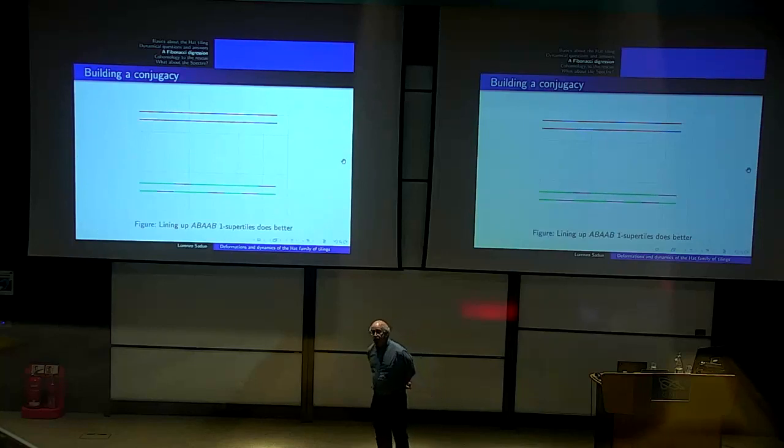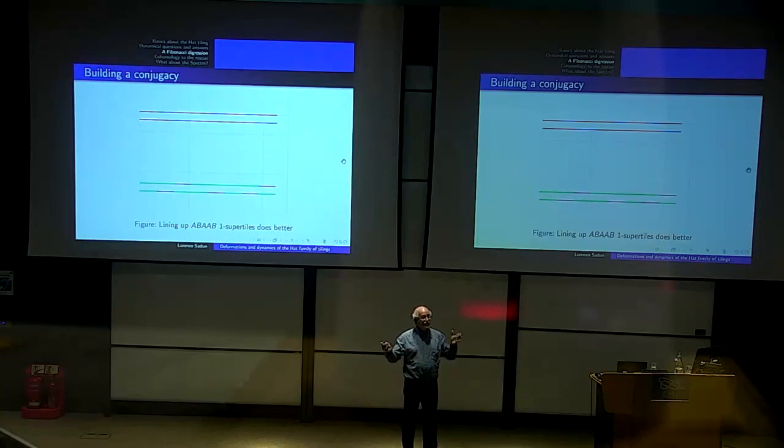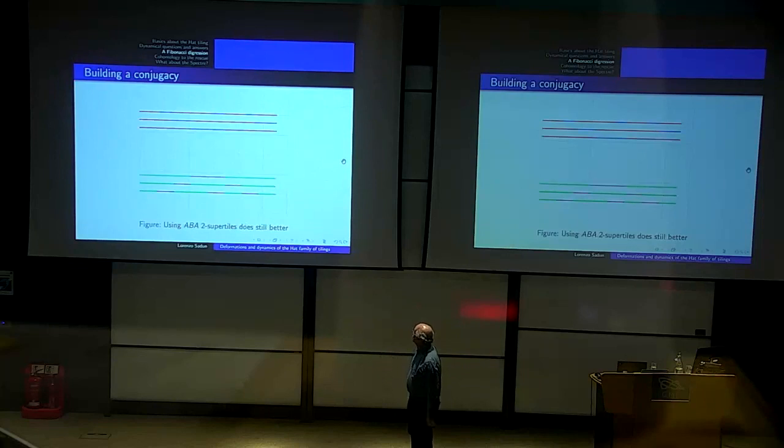Or you could try to line up the vertices of the first order supertiles. That still isn't a conjugacy, but there's less distortion than there was when you were doing tiles. You map the vertices of the first order supertiles to the right places, and you linearly interpolate in between. If you do second order supertiles, you do even better.